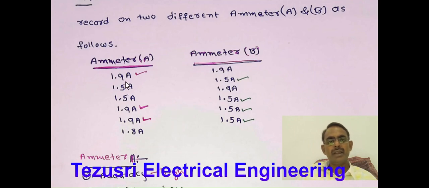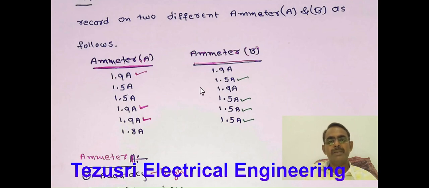Here ammeter A records 1.9 amperes 3 times. Ammeter B records 1.5 amperes 4 times, but it is not near the true value. Precision is nothing but the most repeatable value, that is 1.5 amperes 4 times.